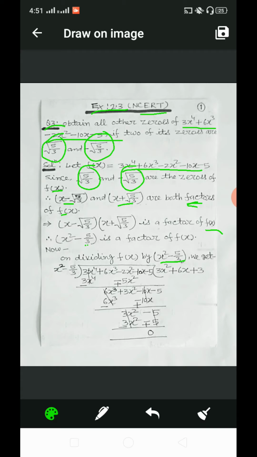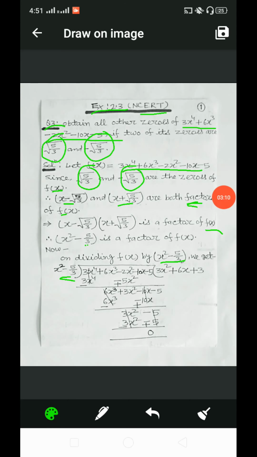Dear students, 3x to power 4 plus 6x cube minus 2x square minus 10x minus 5 is the dividend and x square minus 5 by 3 is the divisor. So, the first term is 3x to power 4.